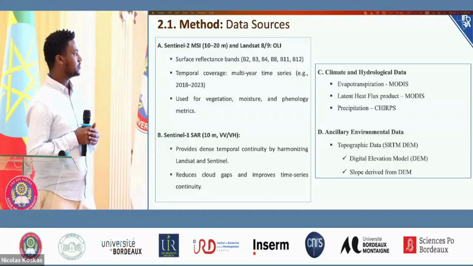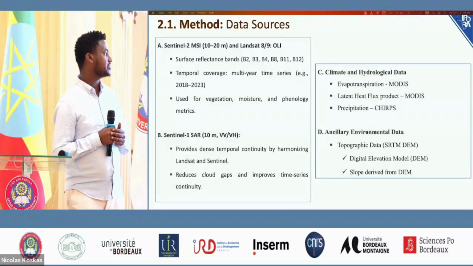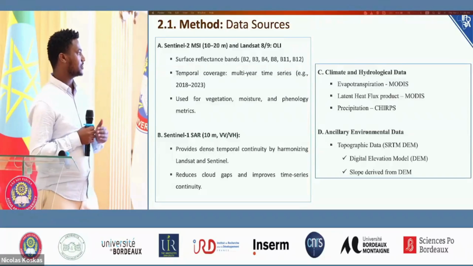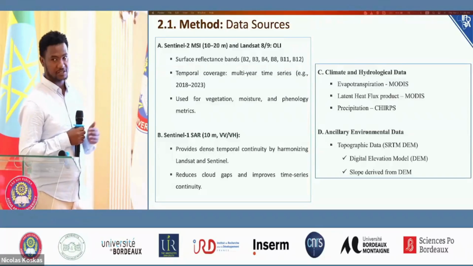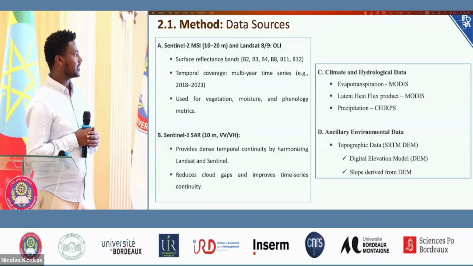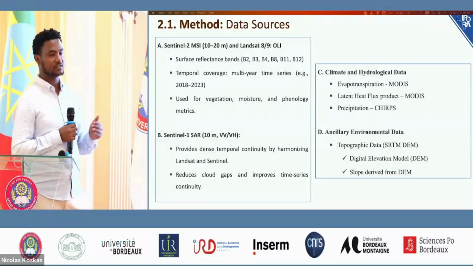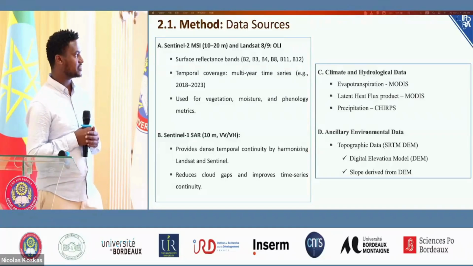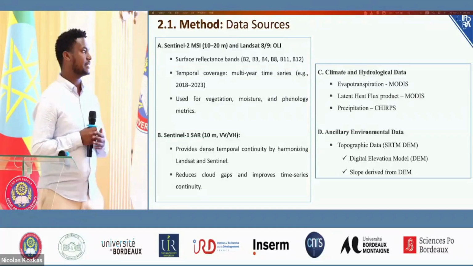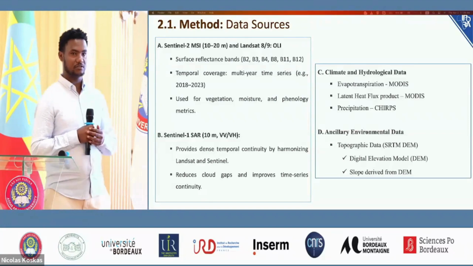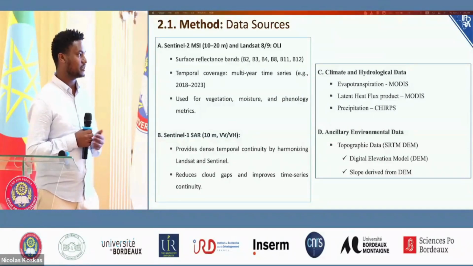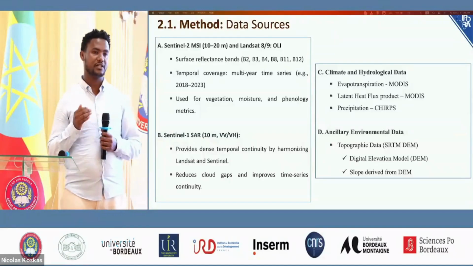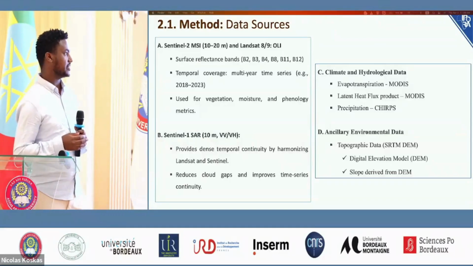In addition, we also combine Sentinel-1, which is synthetic aperture radar, microwave imagery, to capture different types of covariates for detecting fodder cultivation. Also, we integrated climate and hydrological data from sources like MODIS, and environmental data like digital elevation models and slope, which is derived from the elevation data, to estimate and map the extent of diffusion of fodder in the areas.